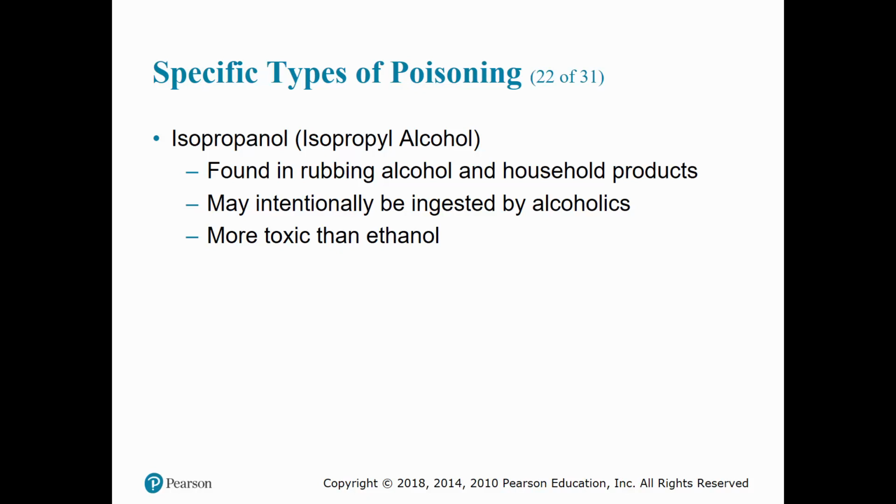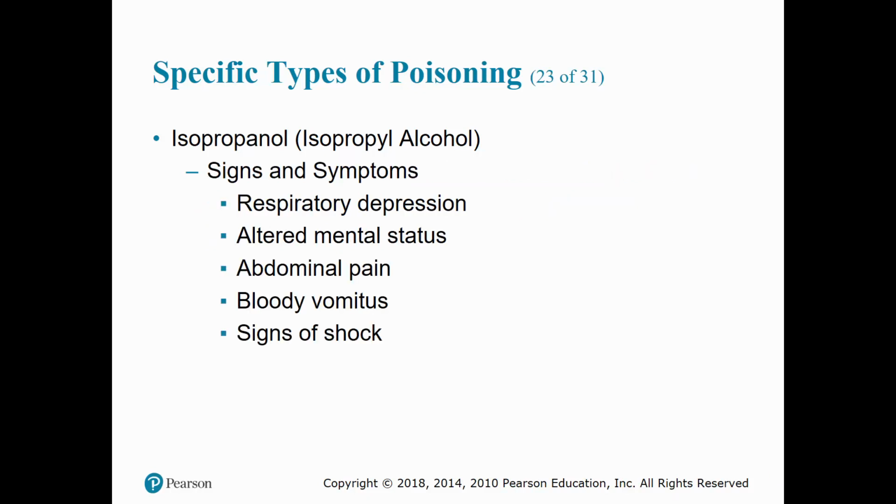Following ingestion of isopropyl alcohol, the liver creates acetone. This has a major effect on the central nervous system, gastrointestinal system, as well as the kidneys. The signs and symptoms of isopropanol poisoning occur very rapidly, usually within the first 30 minutes following ingestion.